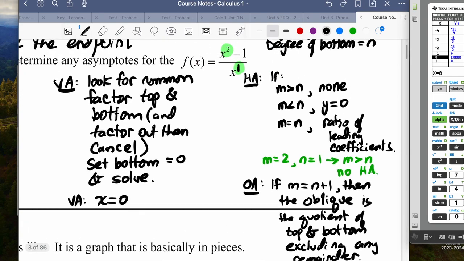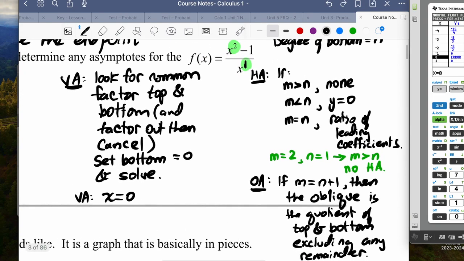There are two ways that you could actually physically divide the numerator and denominator. If it's a monomial on the bottom, which is what we have here, we could just split the fraction up and simplify. If there's a polynomial on the bottom, then you would have to use either long division or synthetic division, and we'll review those as we go forward.